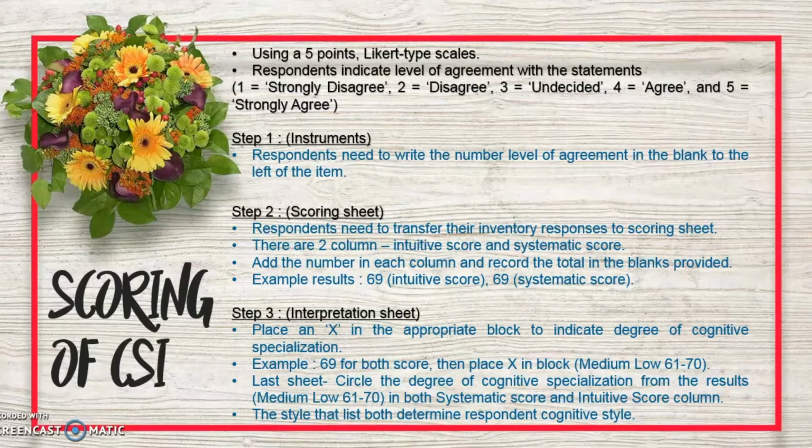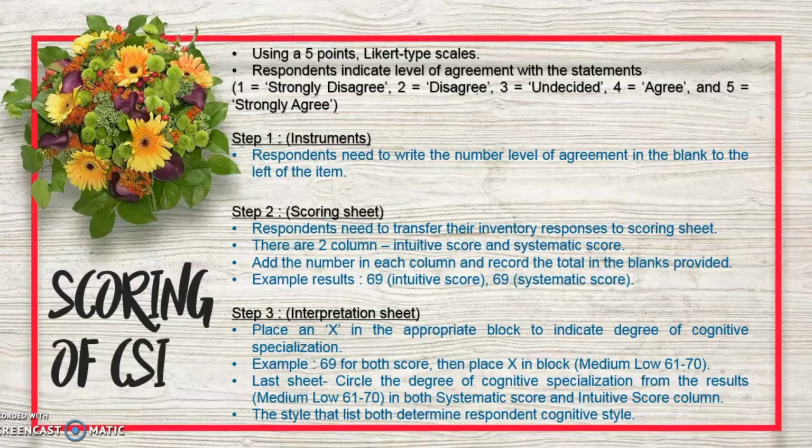Respondents need to add the numbers in each column and record the total in the blanks provided, which means the respondent needs to add the numbers of the intuitive score and the numbers in the column of the systematic score and put the total of each score in the blanks provided.